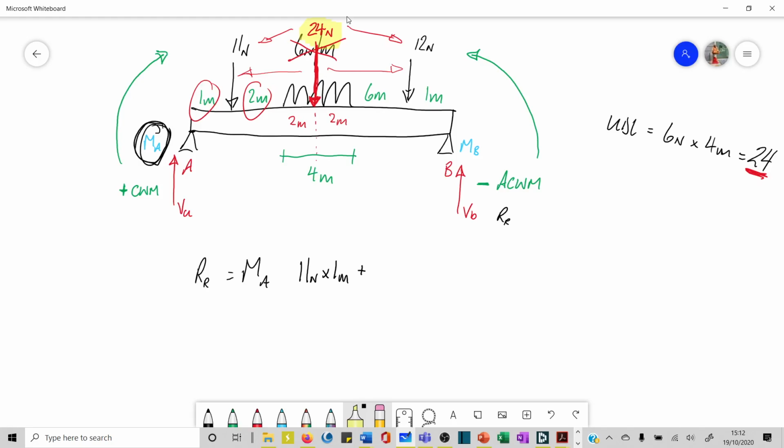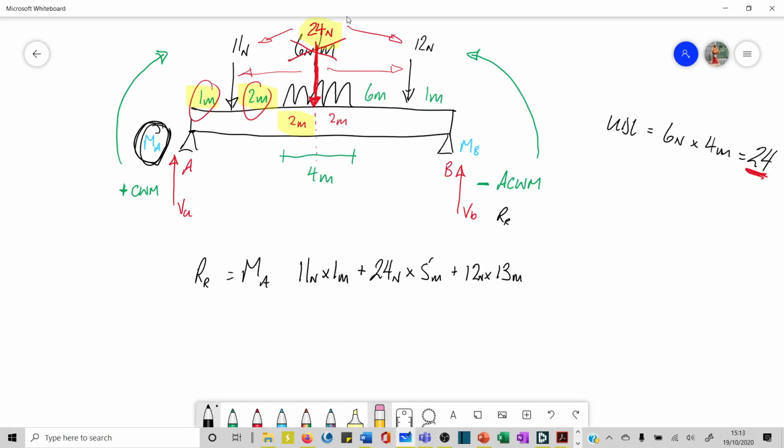So 24 newtons times the distance, which in this case is 2 plus 2 plus 1 equals 5 meters. And then the last force, which is the 12, so 12 newtons times 13 meters.